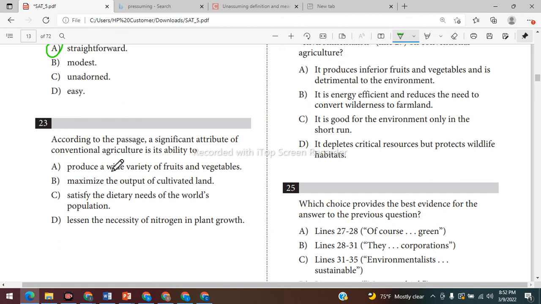Is it A? All right, the correct answer is we have to read it. Look carefully at line 40. Let's look at lines 40 and 42. That'll help us.